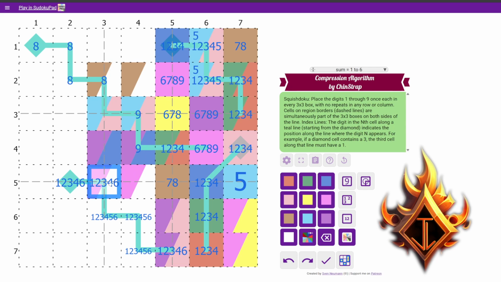Pink could be 6. If this was 6, that would be 2. And then what color would that be? That would be light pink. So that would be 2. That would be 1. That would be 1 indexing itself. Oh, and that's broken, isn't it?